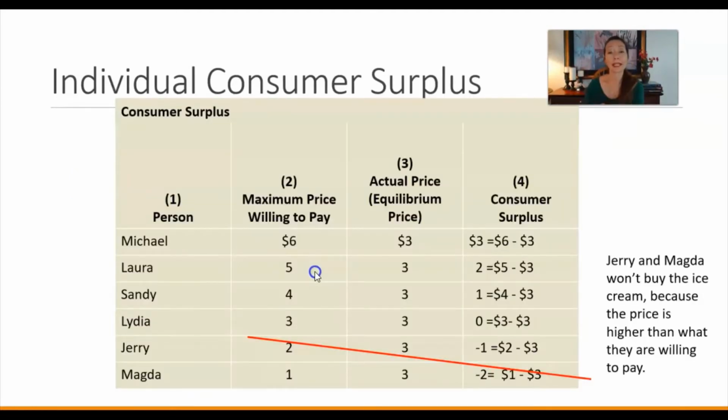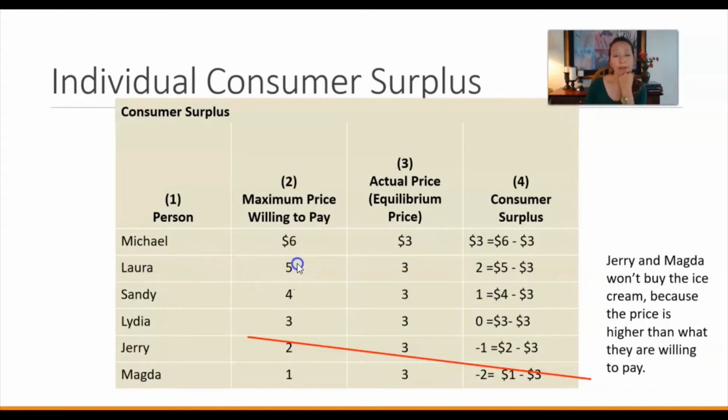So we track individual consumer surplus. Everybody's value for a product is going to be dependent upon however it is that they value a product. So if, for instance, Michael here was willing to pay $6 for ice cream, but the actual price was $3, Michael would get 6 minus 3, $3 worth of consumer surplus.